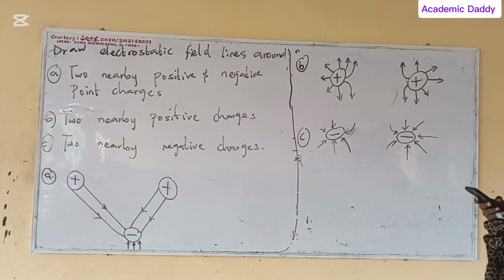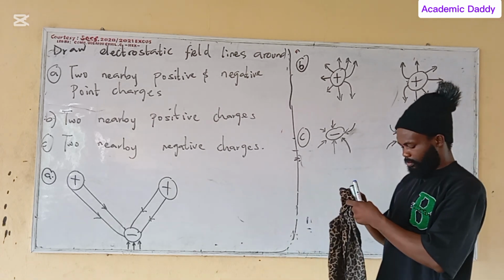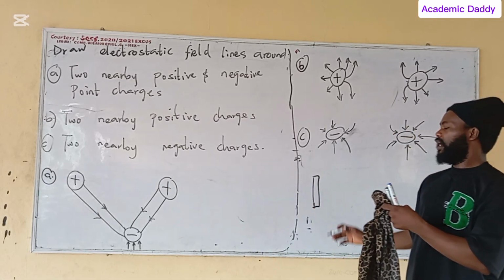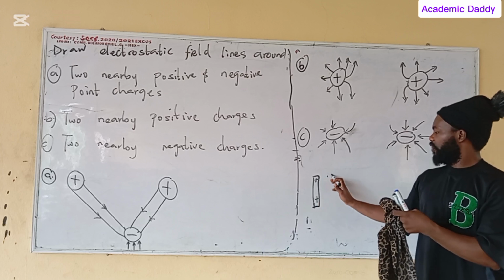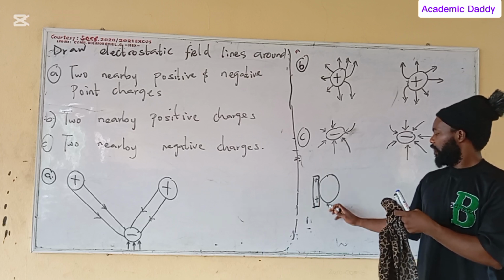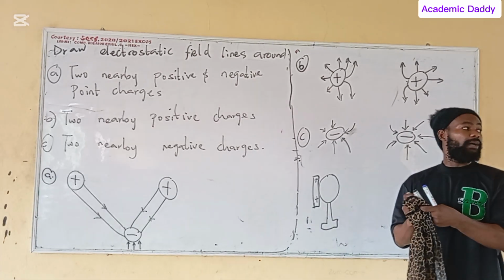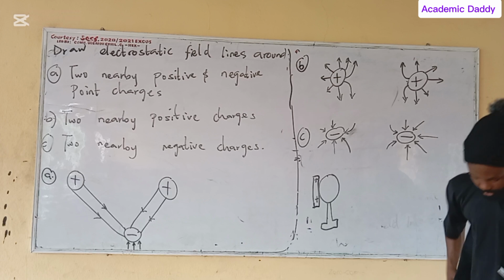So they said, describe in detail how you charge an electroscope rod by direct contact, then by induction. If I have this to be the rod, by direct contact, if I have positive charges here, I have to make a sphere touch it.